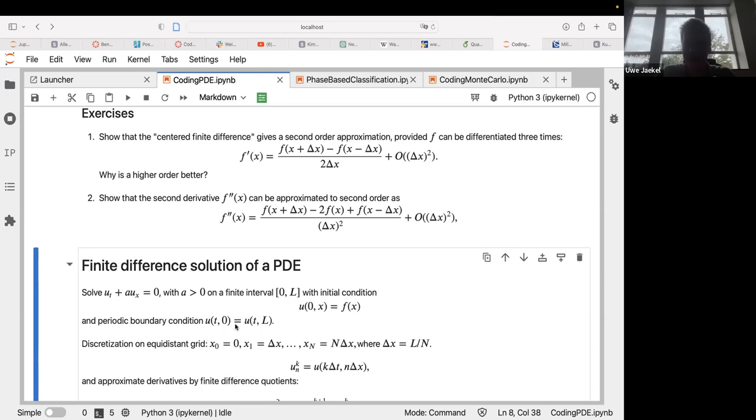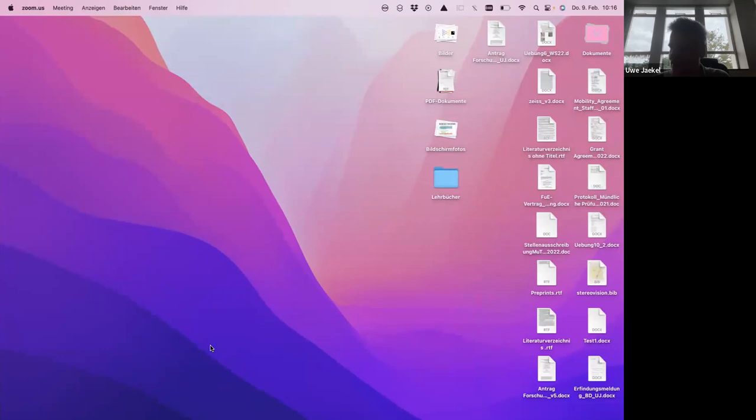So everything that vanishes on the right boundary enters back on the left boundary. And now we introduce a finite, equidistant grid.